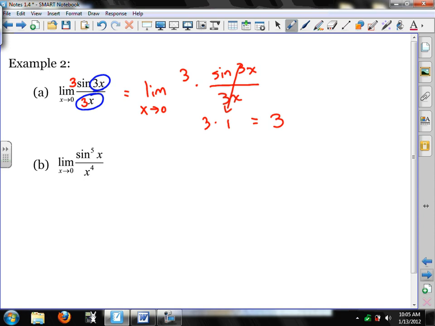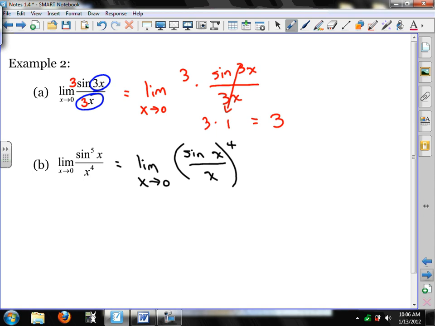What you want to do on one of these, you still have the limit as x approaches 0. I want sine x over x. Well, I have 4 sine x's over x. That'd be sine to the 4th x over x to the 4th.